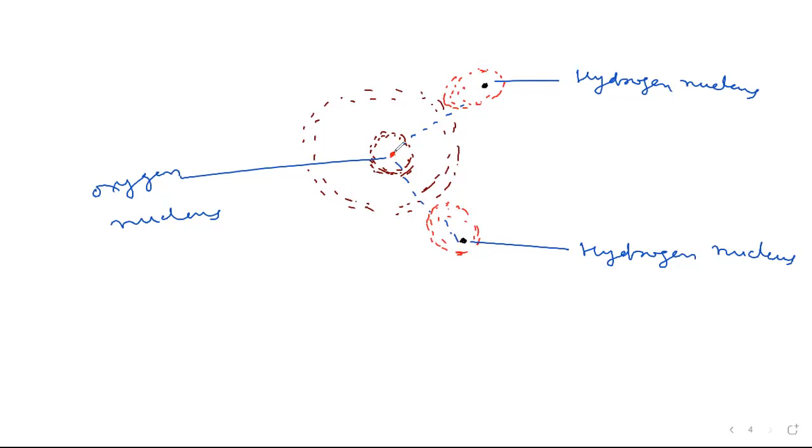And this is the vector representing the electric dipole moment of the molecule, and this is our figure 1. Let me check the figure. Hydrogen nucleus, oxygen nucleus, and this is the electron cloud in the oxygen atom, and this is the electron cloud in this hydrogen atom. This is the electron cloud with another hydrogen atom.